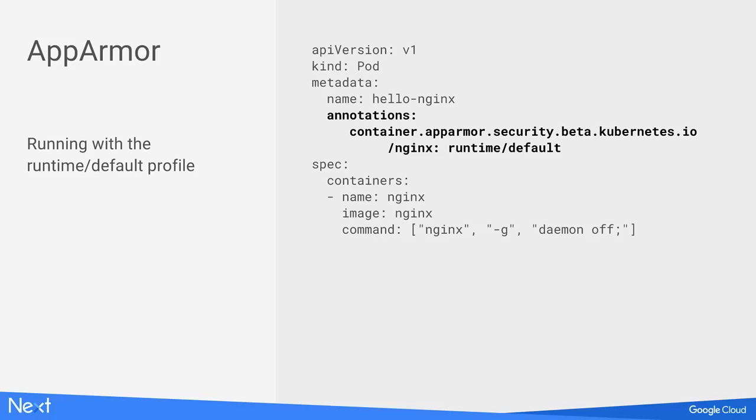So this is beta in Kubernetes. And if you want to use it, you can create an annotation for your container that points to this. What we're doing here is using runtime default, which will then use the Docker default profile for your basic Nginx container that we have here.